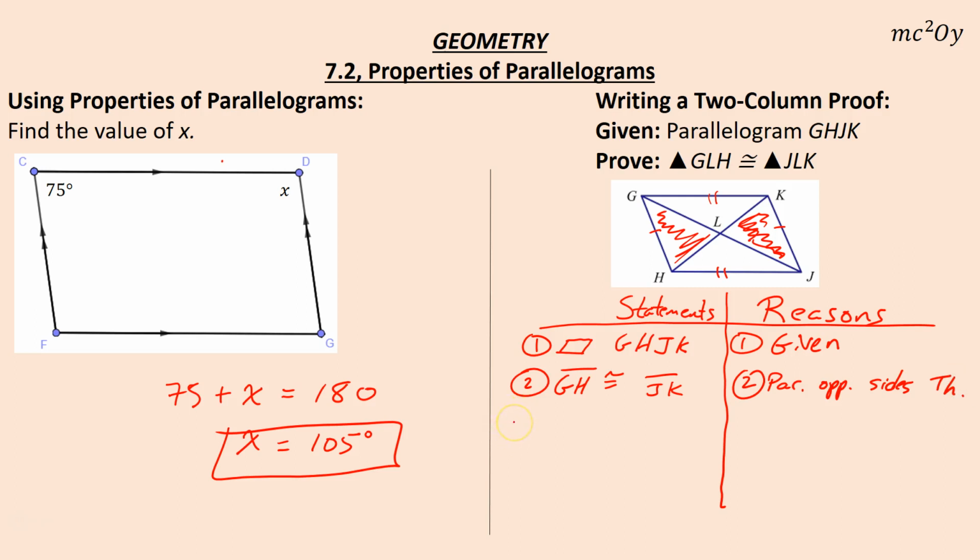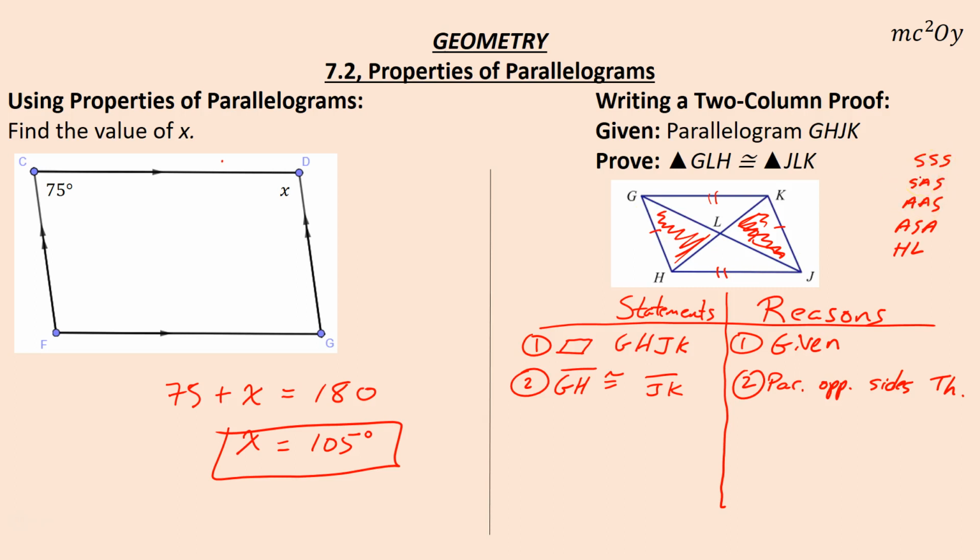Well, remember I can prove triangles congruent using side-side-side, side-angle-side, angle-side-angle, angle-angle-side, or hypotenuse-leg. Well, I have some sides, so I either need an included angle or I need two more sides.